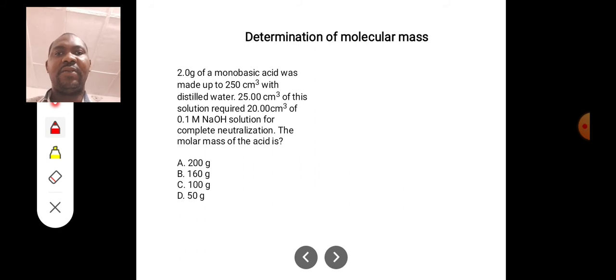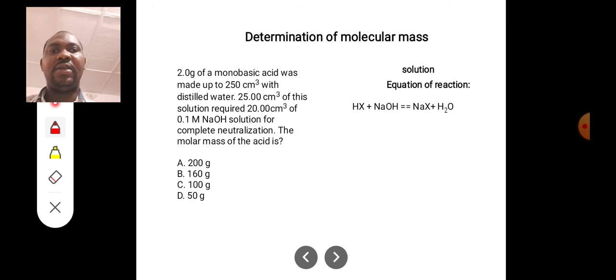The molar mass of the acid is, so here is a monobasic acid, we don't know which, but we know it has just one ionizable hydrogen, and with sodium hydroxide. Let's look at the equation here, HX, we don't know what X is, but we know it's monobasic, plus sodium hydroxide will give us NaX plus water, and we have CaVa over CbVb.